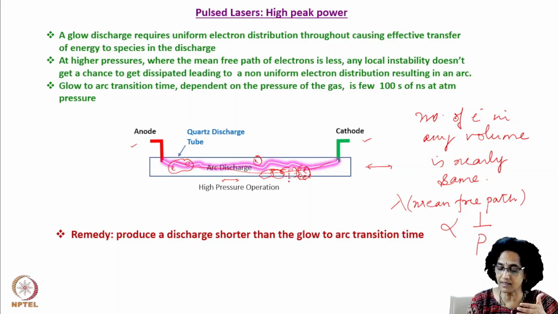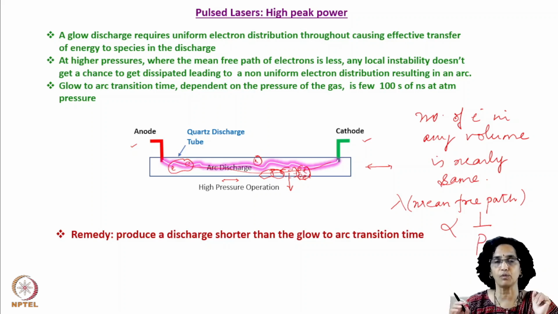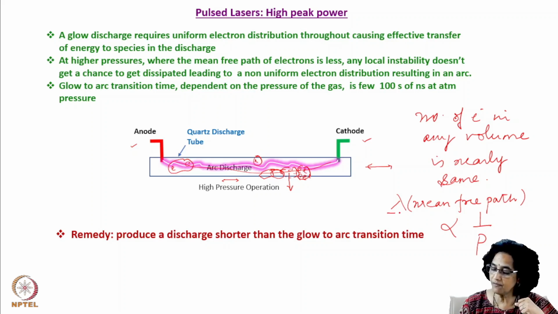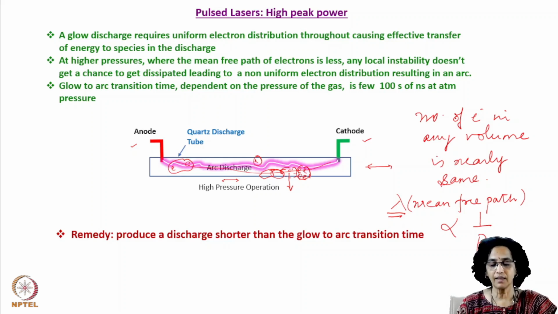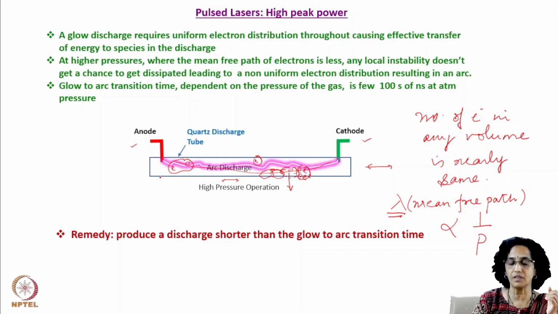Because the instabilities that are already present anywhere do not have a chance to diffuse out, because the mean free path is very small. That means there are so many collisions that they cannot diffuse out into the entire volume of the discharge.